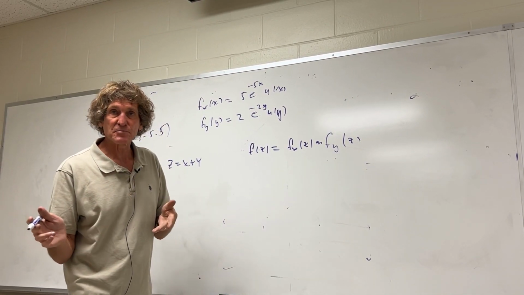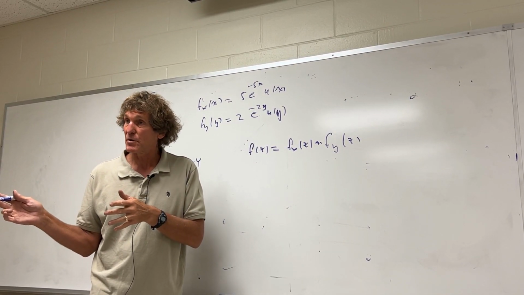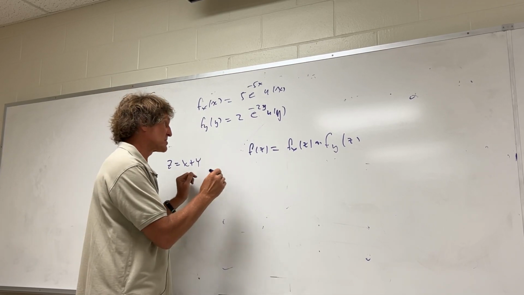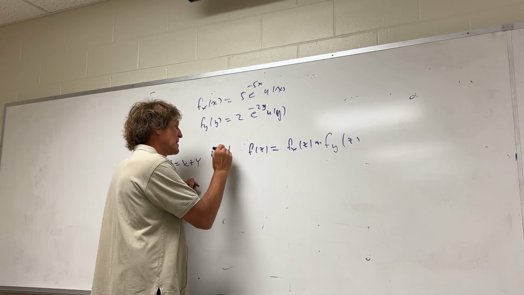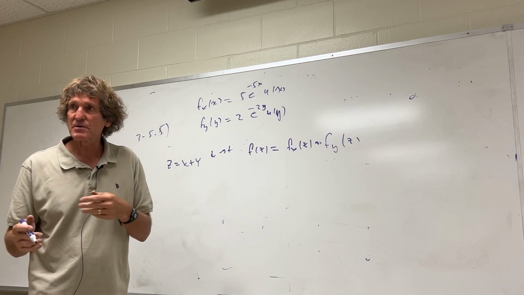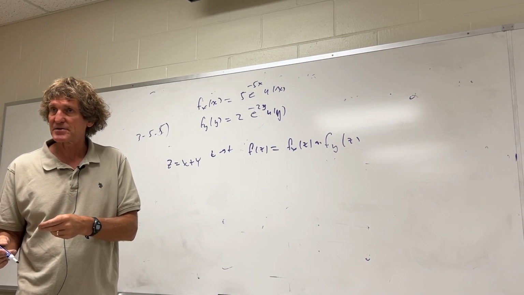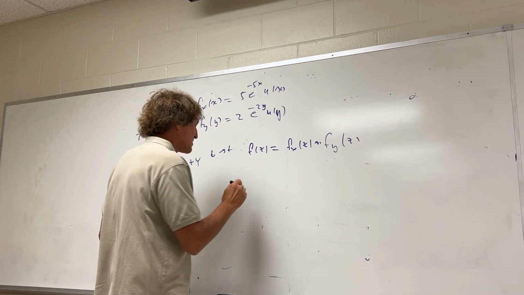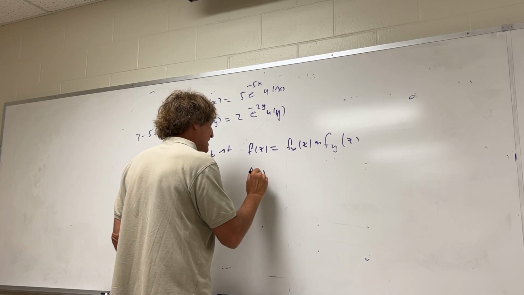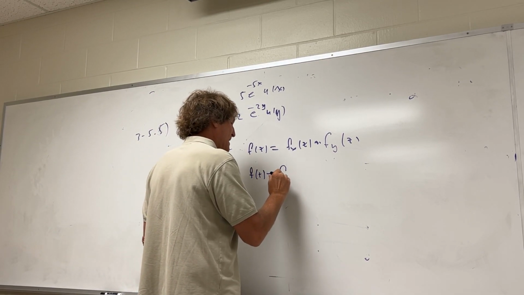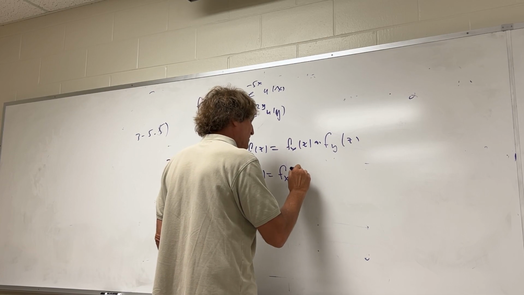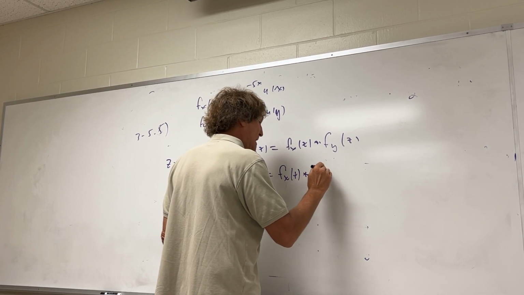I'm going to carve this problem into something you would recognize, and I'm going to let z become t for now. We'll put it back to z, but just so you keep your head on straight, my z's look like s's sometimes. So now my f of t that I want is really fx of t convolved with fy of t.